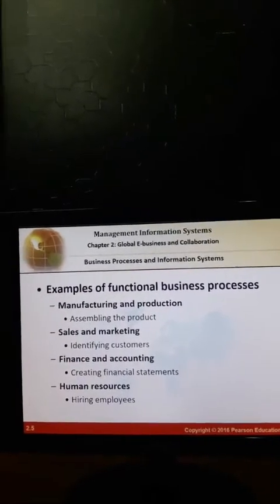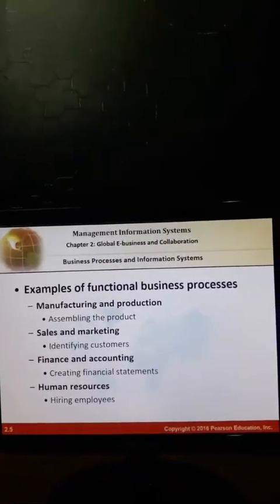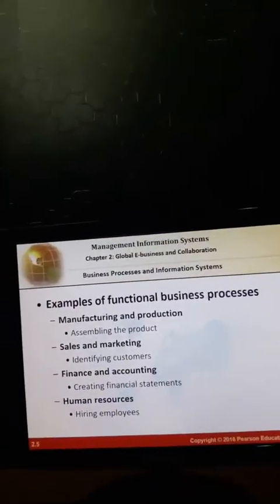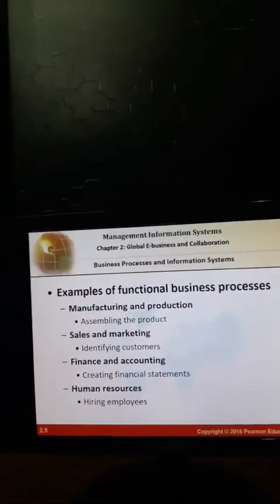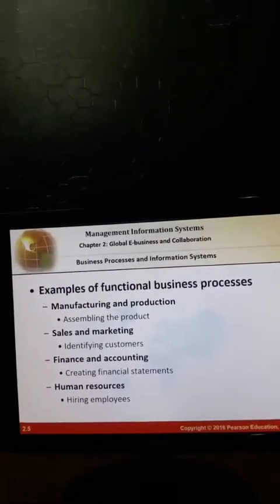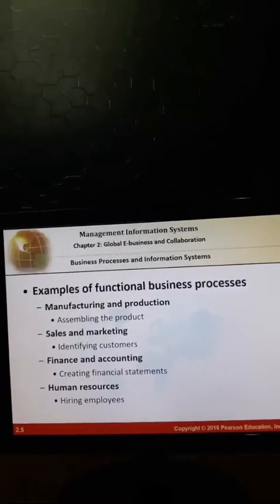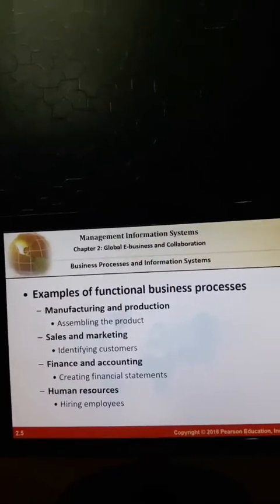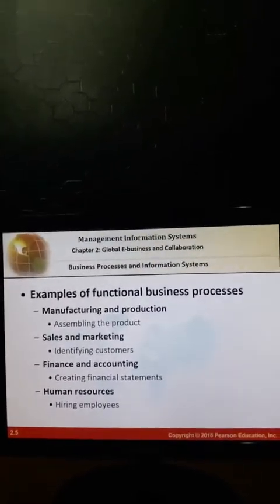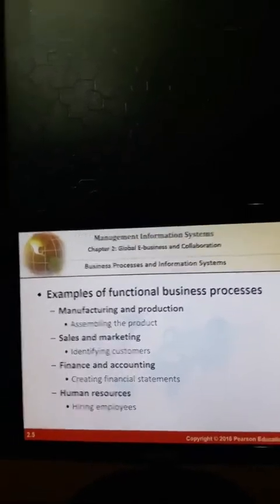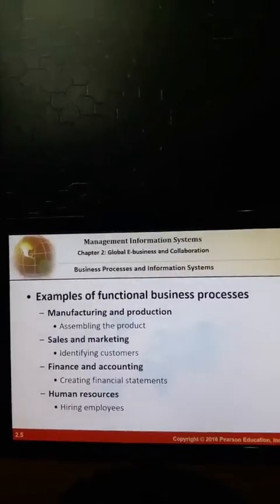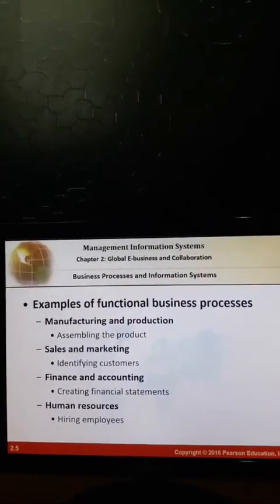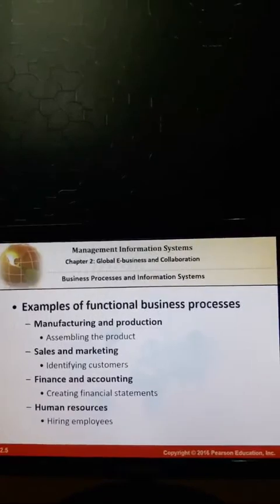Then you need to engage with manufacturing and production, and this department assembles or produces the product. After producing the product, they engage with marketing for promotion and sales, for selling the product. So these are the functional areas. Whatever the organization type, you'll see such functional areas everywhere.